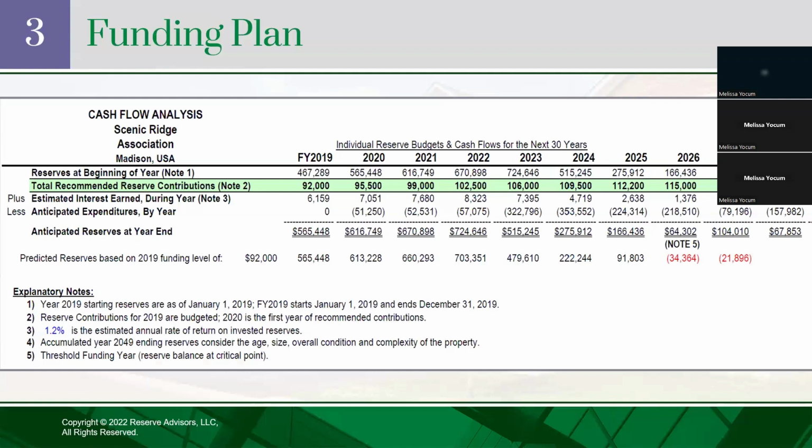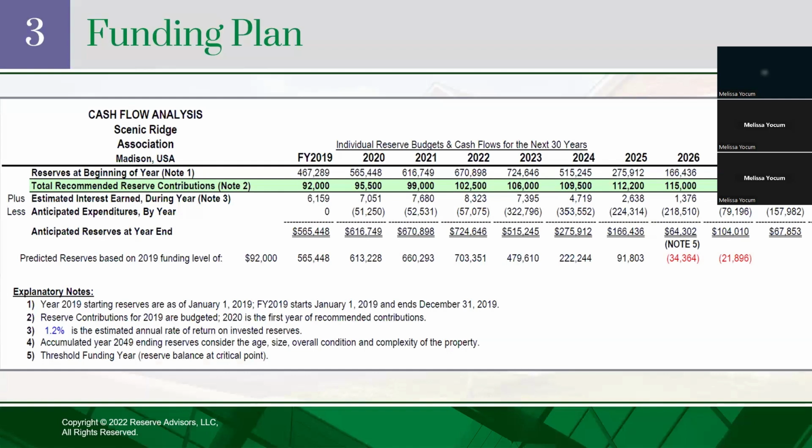And this is where it's a little bit more of an art than a science. There's no hard rule around this where we're going to ensure that all associations have the same amount of reserves in that critical year. It is where we kind of analyze the association, analyze the size of it, their funding methodologies, to come up with a threshold or kind of factor of safety there, like a little cushion, to not bring reserves down to zero.